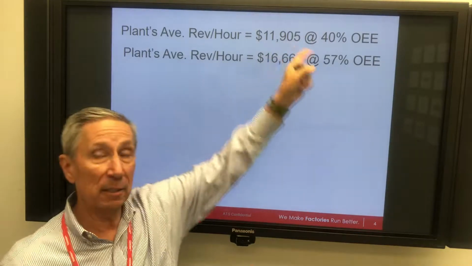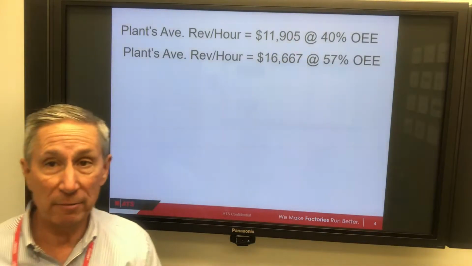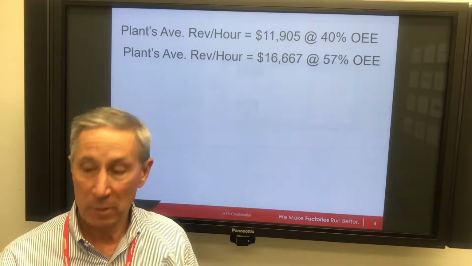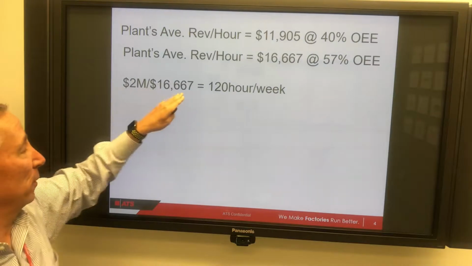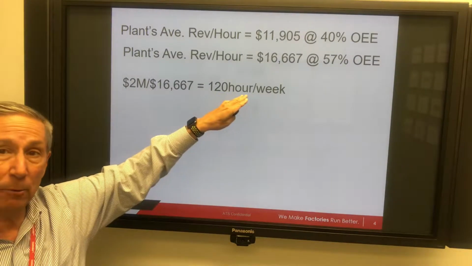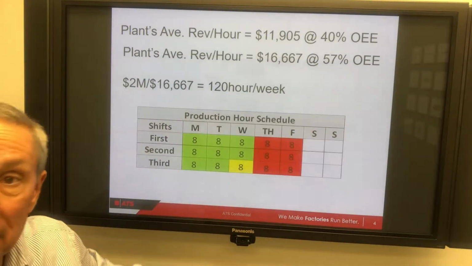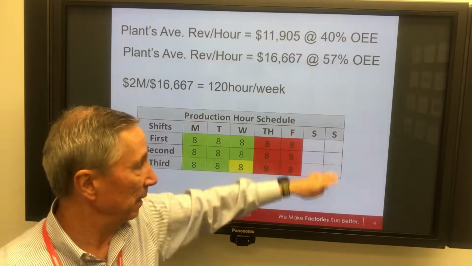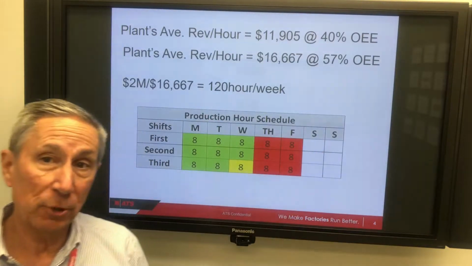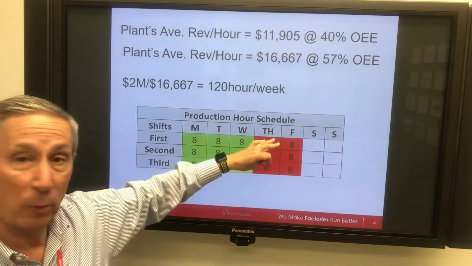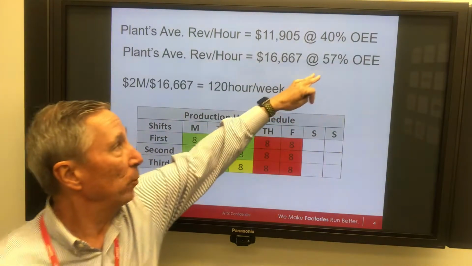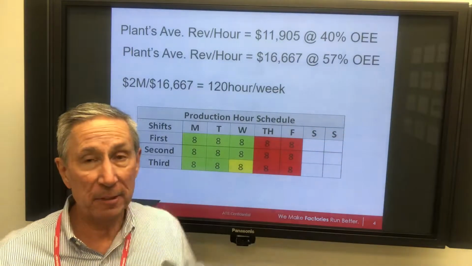So in the context of product velocity, almost $5,000 an hour improvement. So, just to show you how we got there, 2 million divided by that is 120 hours a week. So that really shows us that we can eliminate a couple days, a couple shifts. And we still have some waste in the business. We've moved OEE up from 40% to 57%.